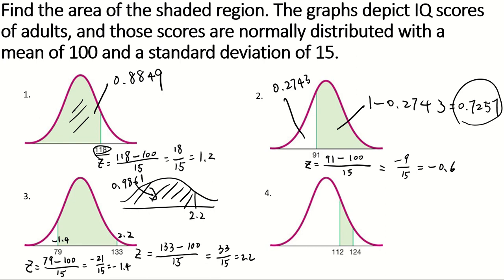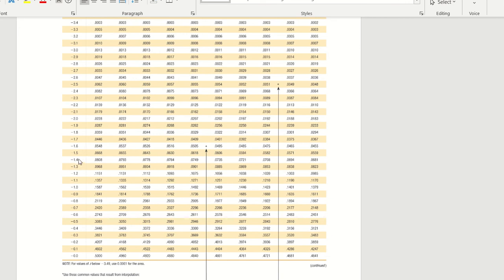To find the shaded area in the graph, you still have to find the area to the left of negative 1.4, which is this area. So again, we go to the A2 chart, find the value of negative 1.4. You can find the corresponding area to the left of the z-score is 0.0808.